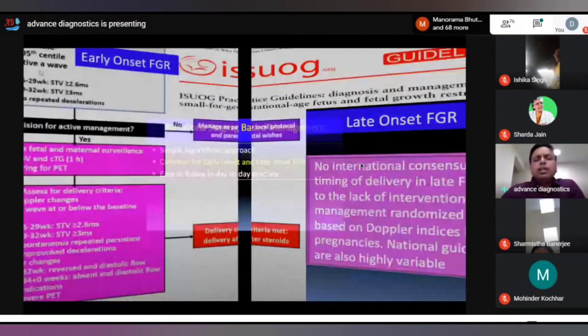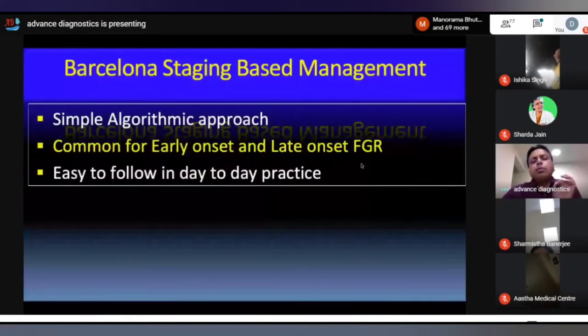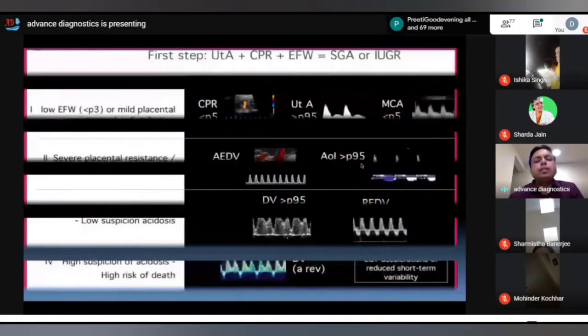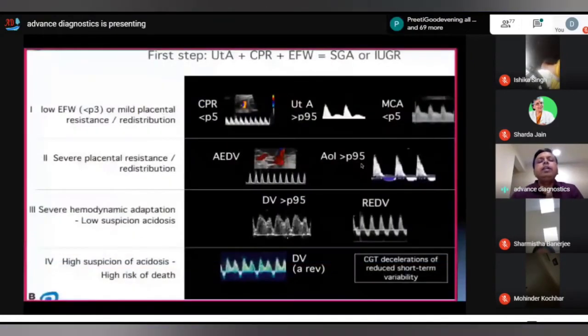It is a simple algorithmic approach, common for both early onset and late onset FGR, and very easy to follow in our day-to-day practice. So what are these stagings? Stage 1 is mild placental resistance or redistribution stage. We will look for CPR value less than 5th centile, uterine artery more than 95th centile, or MCA less than 5th centile.